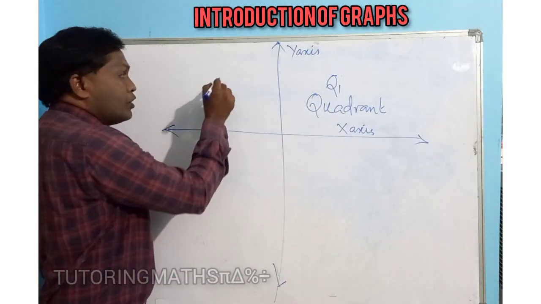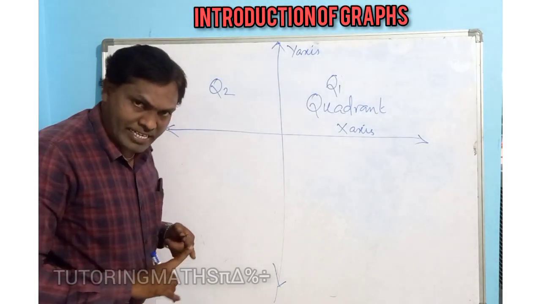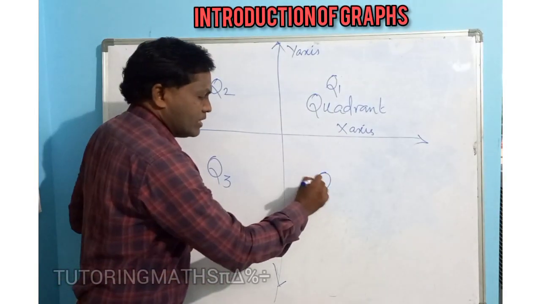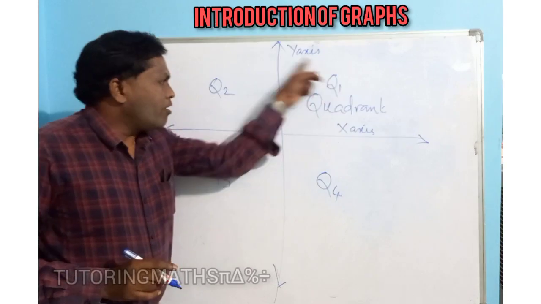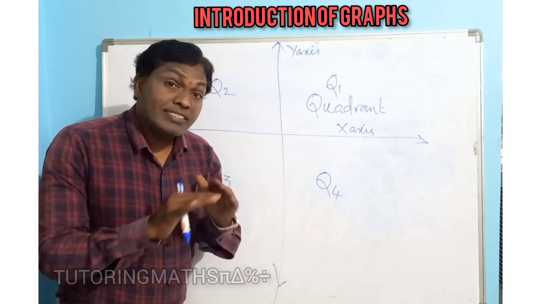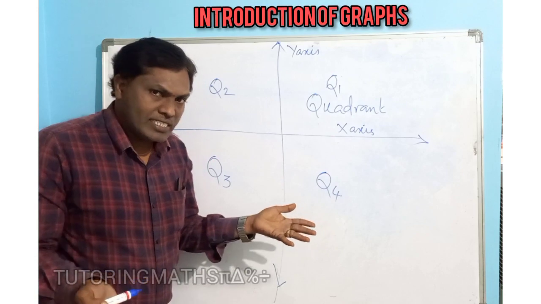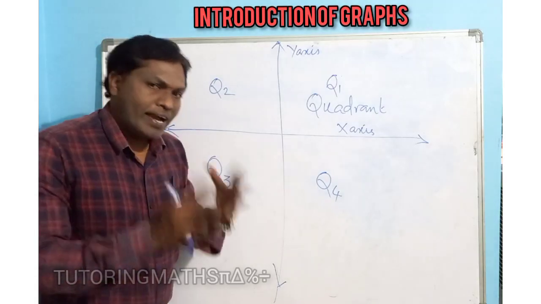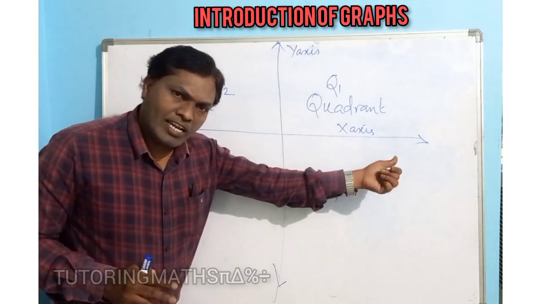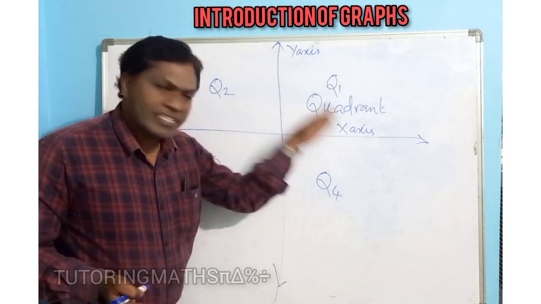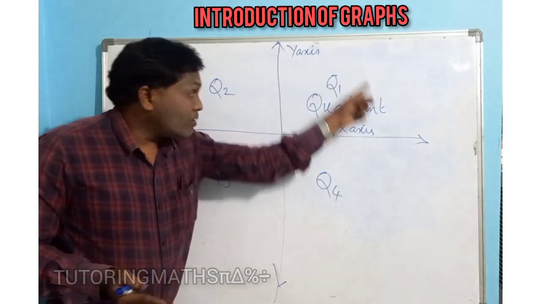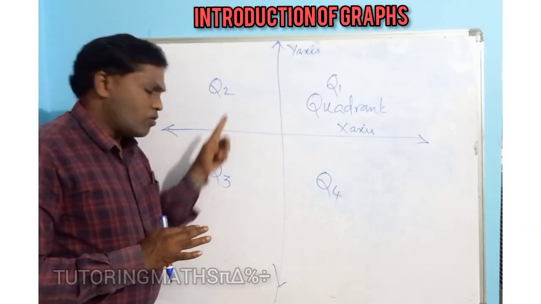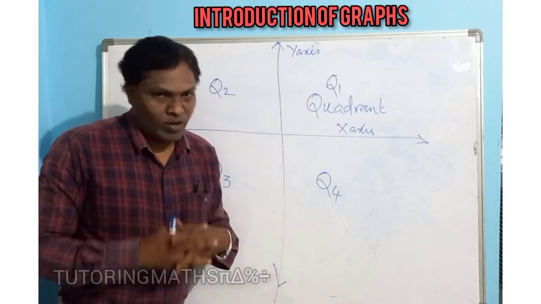And this is Q2, the second quadrant. This is Q3, the third quadrant, and this is Q4, the fourth quadrant. All four quadrants are equal, similar, they are congruent, isn't it? So finally, the two axes, the horizontal line and the vertical line, called the x-axis and y-axis, divide the plane into four equal parts called the first, second, third and fourth quadrants.